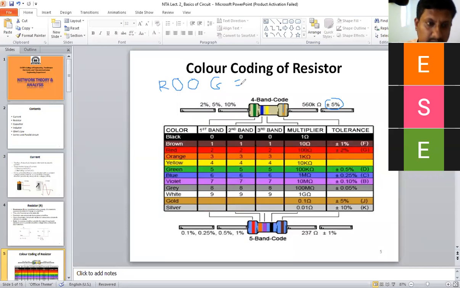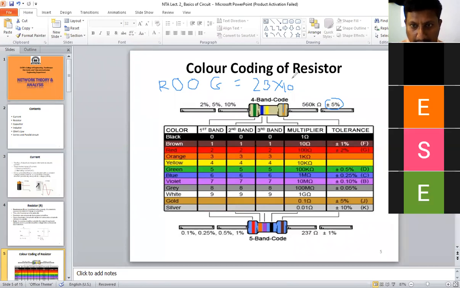Anyone can tell. The chart is in front of you. The table is in front of you. 23 into 10³ ohm plus minus 5%. Okay, 23 into 10³. 3 or 2? 3.